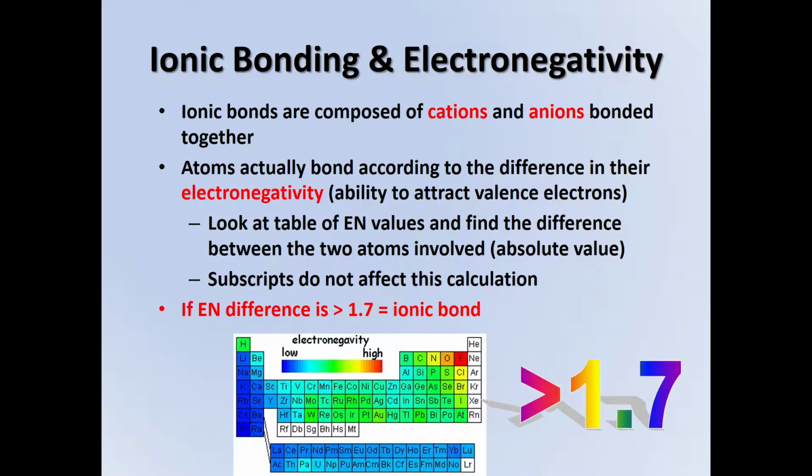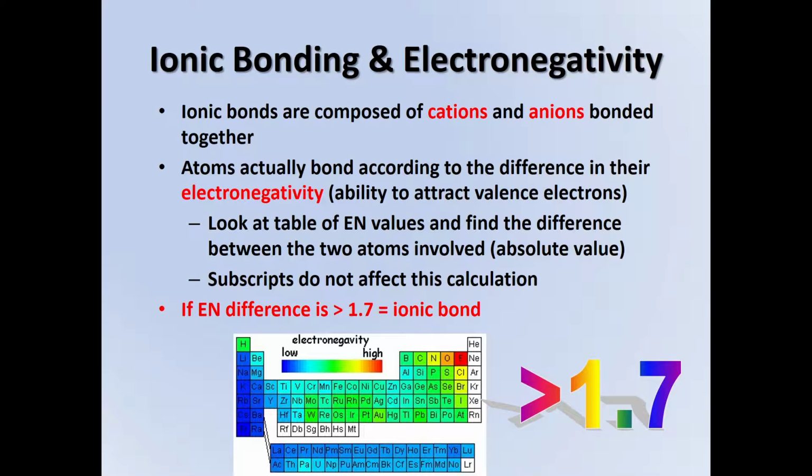An ionic bond is composed of cations and anions bonded together. Atoms bond according to their differences in electronegativity, the ability to attract valence electrons, and to hold them when they're bonded together.